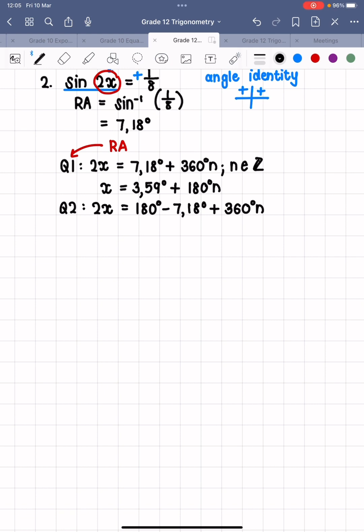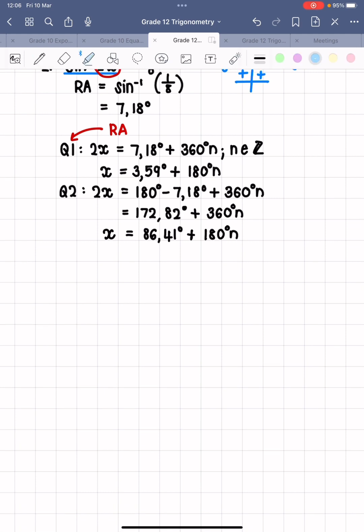Again, you must write plus 360n, please, guys. 172,82 degrees plus 360n. And now to get x on its own, I still have to divide by 2. So divided by 2, that will give me 86,41 degrees plus 180 degrees times n.